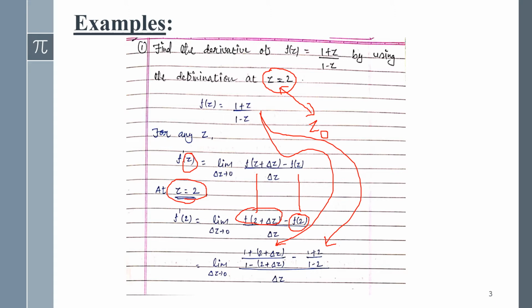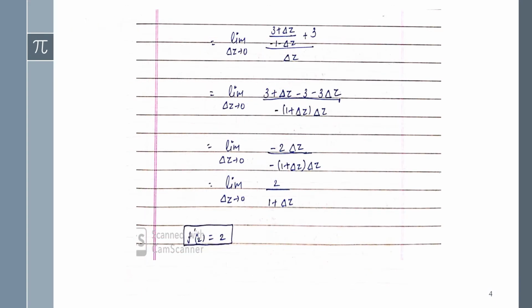Now this is the main step, I'm giving some highlights. This is your main part, guys, because from now onwards, in every step you have to just simplify the terms.